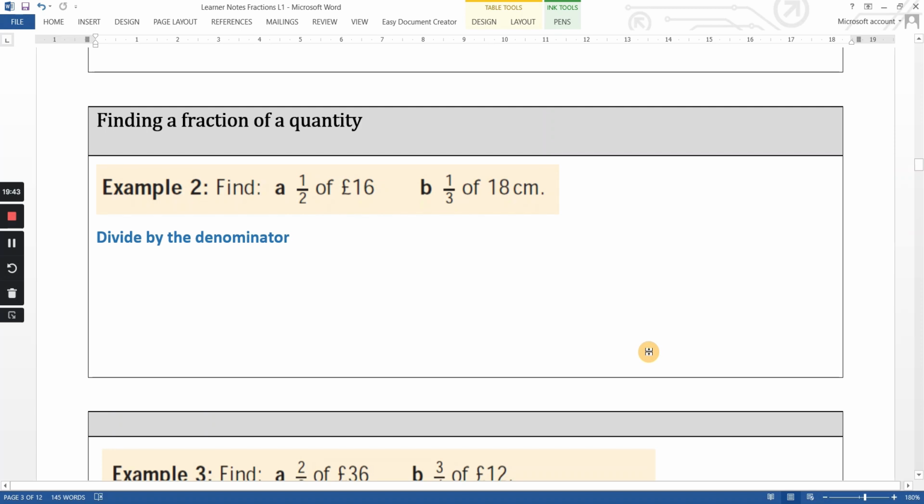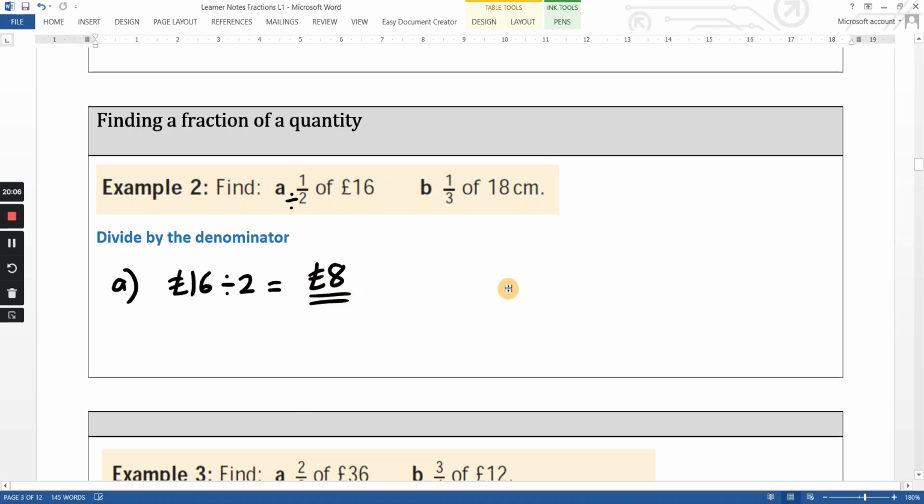Finding a fraction of a quantity. So find a half of £16. And the clue here is to divide by the denominator. So you divide by 2 in this case. So for part A, you literally do 16 divided by 2, which is £8.